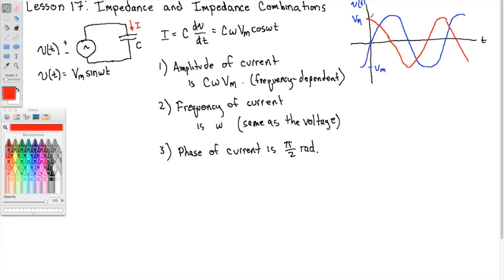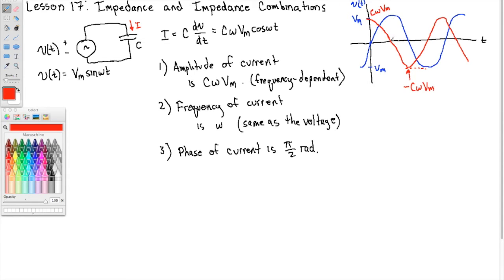So this peak is C times omega times Vm. Right, this peak down here, or the minimum, is negative C omega times Vm. Notice when the voltage has its 0 crossing here, the current is at its maximum.